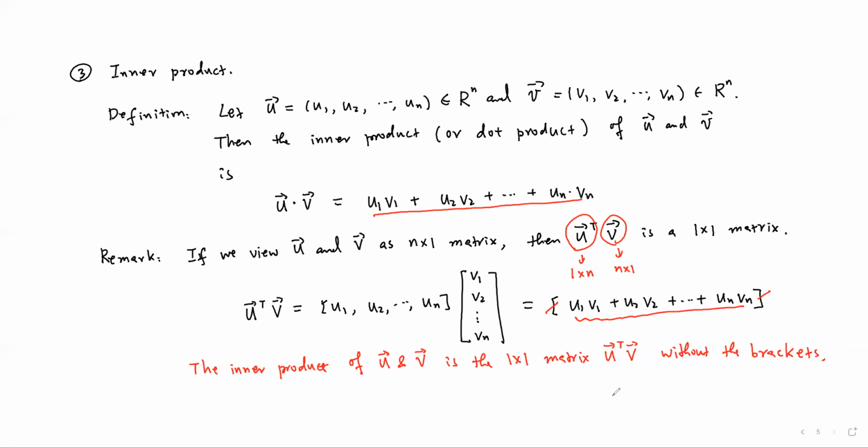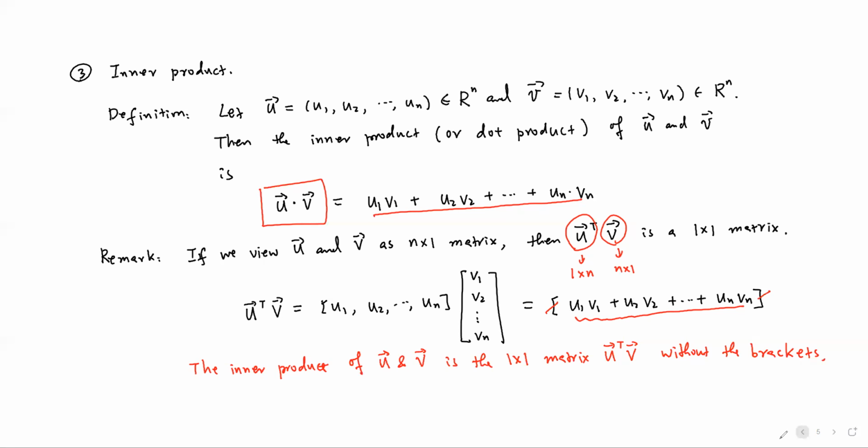Now we have just learned the inner product. Let us write things in terms of the inner product, the length formula first. Let me see, I don't remember the length formula.